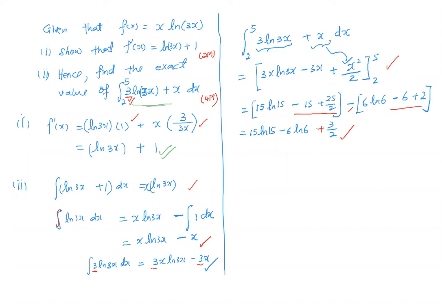So you have to know this is the integral of ln 3x dx. You get me? So I don't simply multiply or divide by a number. I always go back to the question. Okay, anything else?